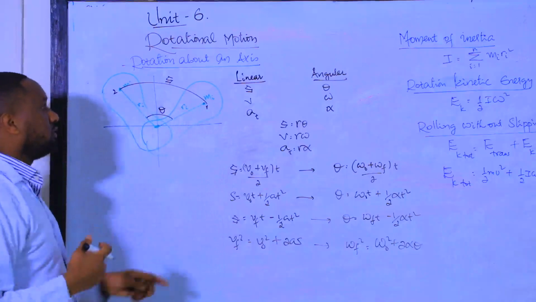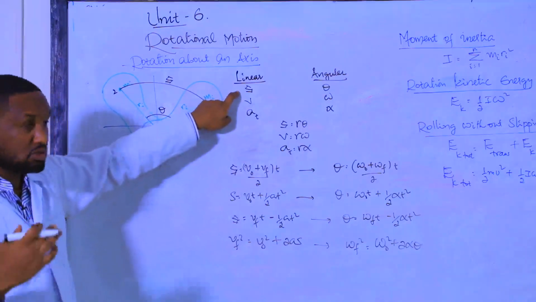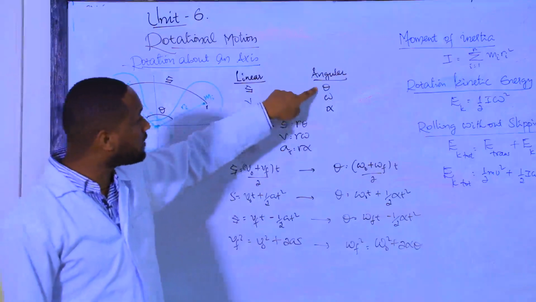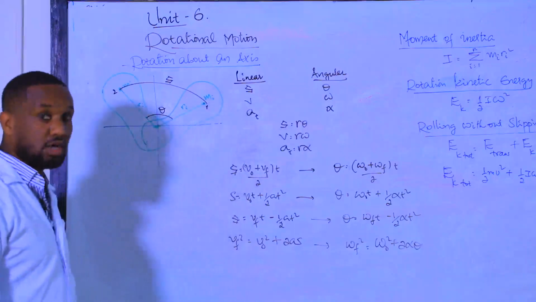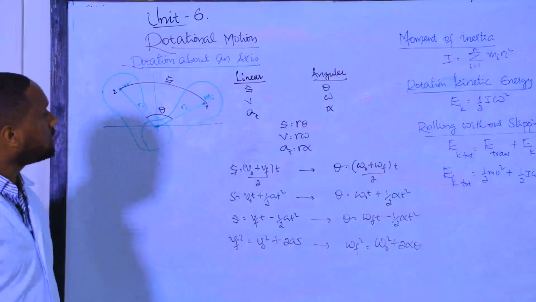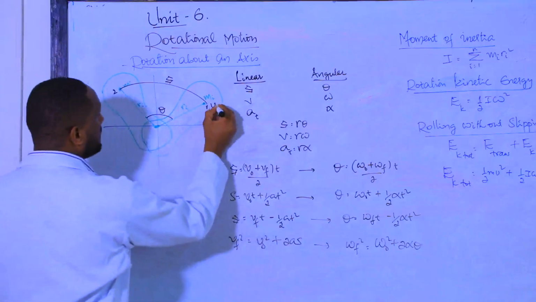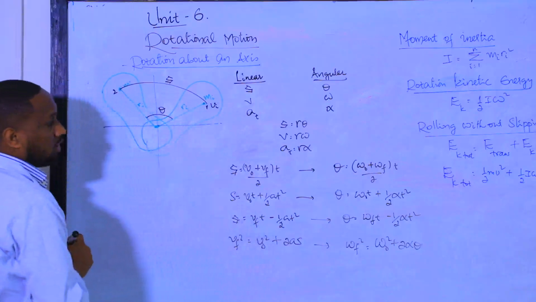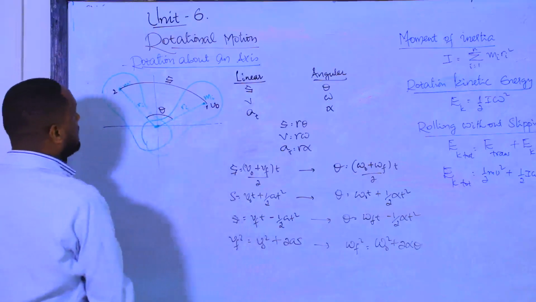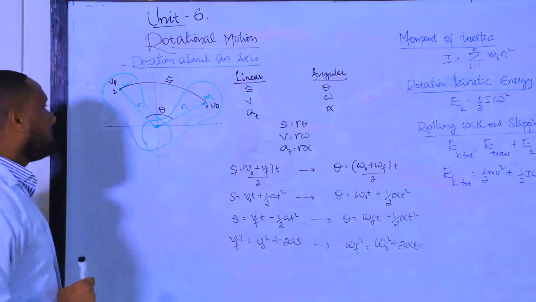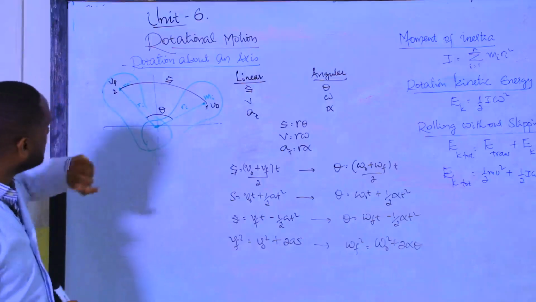So when the linear displacement is continuously changing with time, then we'll have linear velocity, and when the angular displacement is changing with time, we're going to have what we call the angular velocity, okay? So if we assume that the initial velocity at this position is V initial or V naught, and the velocity of the object changes to V final at this position, then the object has accelerated between the two positions.